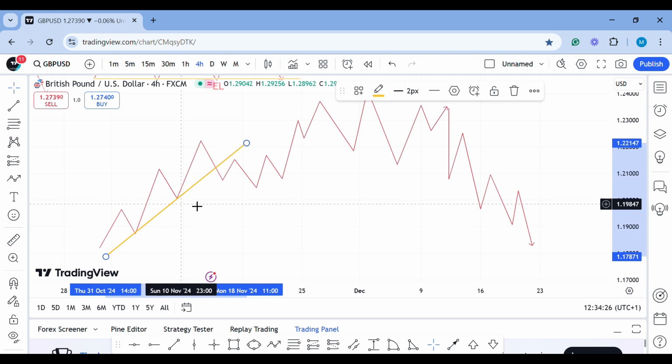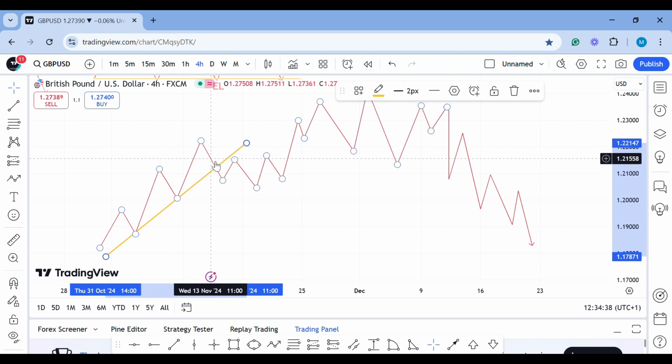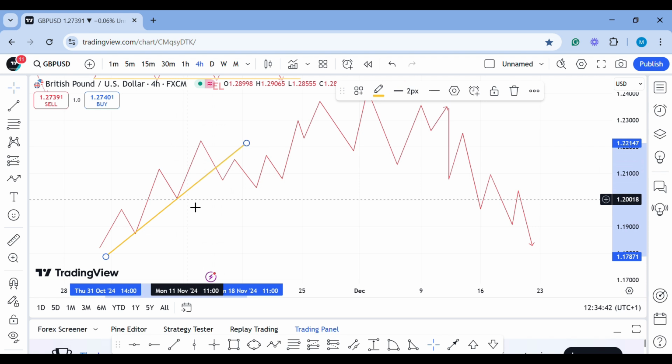But see, in this uptrend, the market has not broken its low. It only broke this trend line, which you use to identify this trend. But the market has not broken its low. So that tells you that the uptrend is still valid.